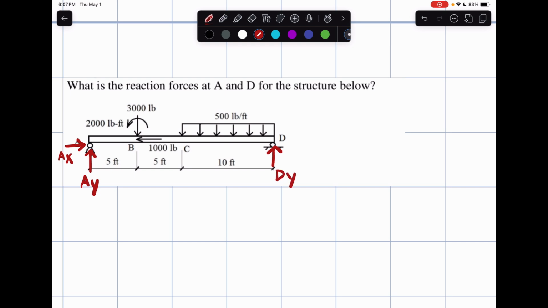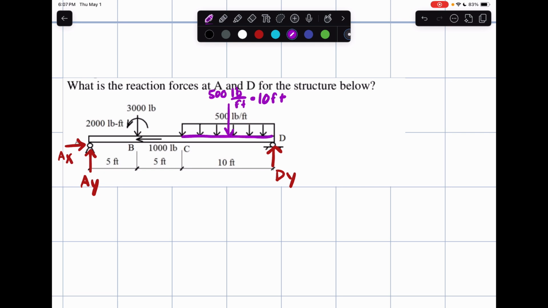Now, what I would do is break down this distributed force here first. So this distributed force we could simplify into a concentrated force here in the middle by multiplying the 500 pounds per foot by the total distance, which is 10 feet.